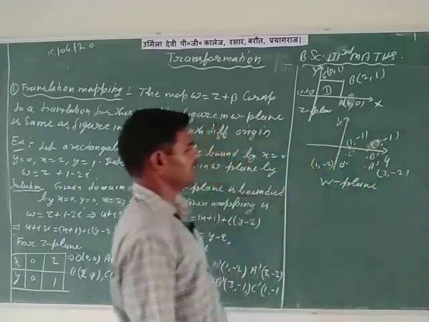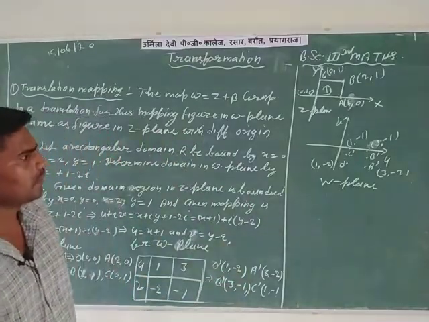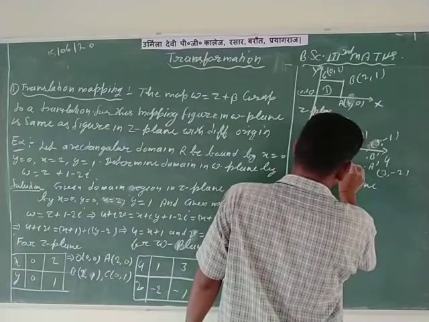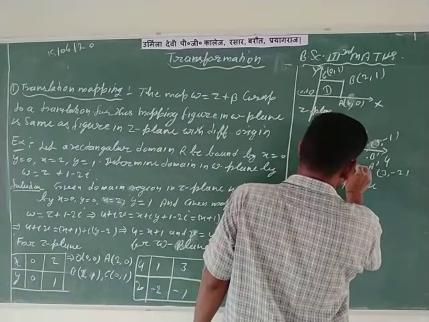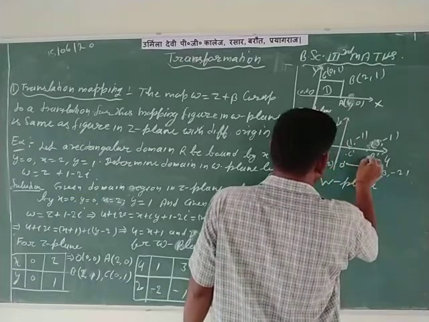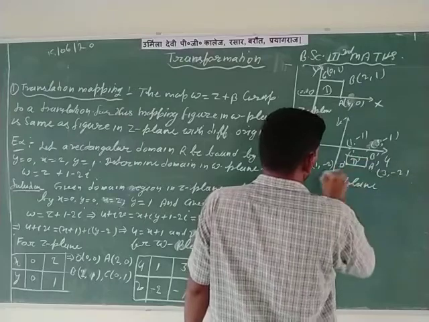So in the W plane, the denotation of the 4 points is clear. After this, join these points with lines: O dash A dash, A dash B dash, B dash C dash, and C dash O dash. This region is denoted by D dash.